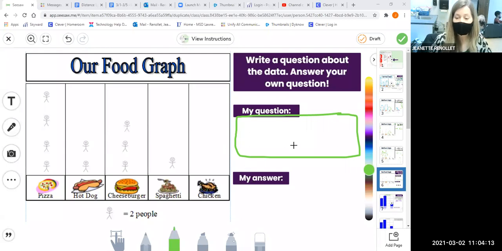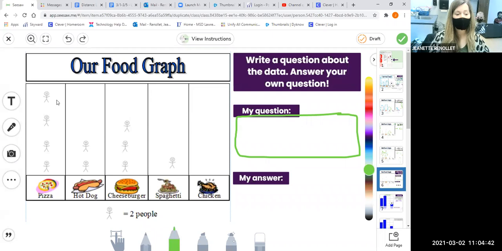You have now had some time to think about a question you could ask about your graph. Who has a question they could share out about their graph on slide number 6? What could we ask about these categories that we see on the graph? Remember, our questions start with words like how many.